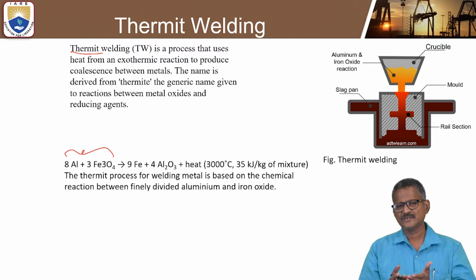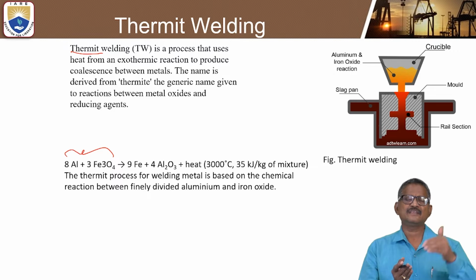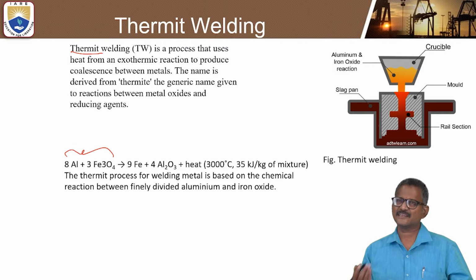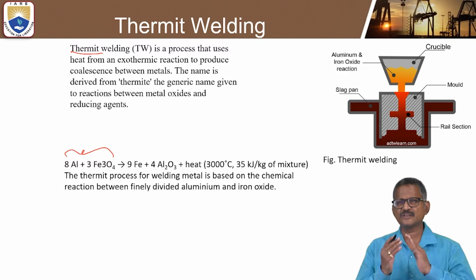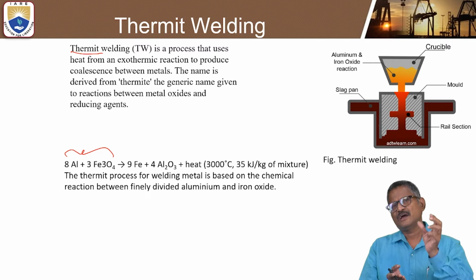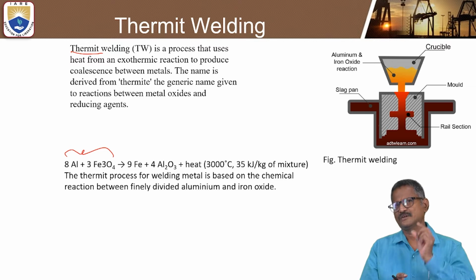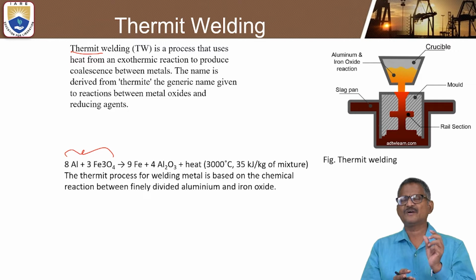Metal casting means first you should prepare the mold cavity, and the molten metal preparation can be done with various furnaces like cupola, induction and electrical furnace, etc. Once you prepare the molten metal, you can pour it into the mold cavity, give a solidification time, and by shot blasting technique you can get the final component. So here the thermite welding mainly is the combination of casting and fabrication techniques.